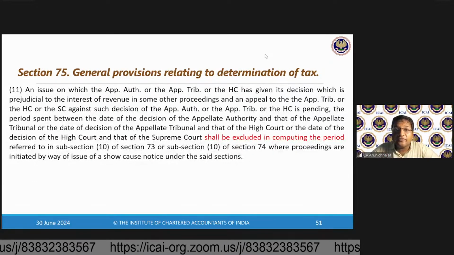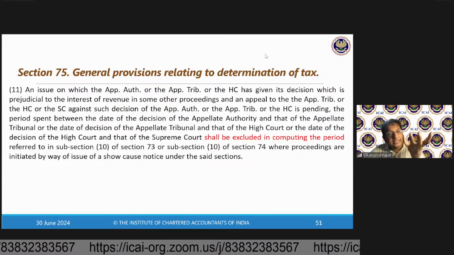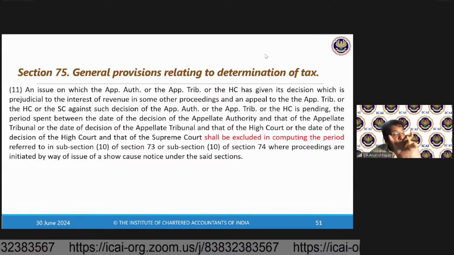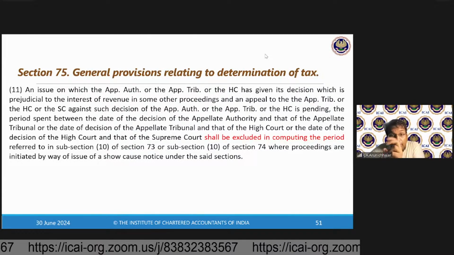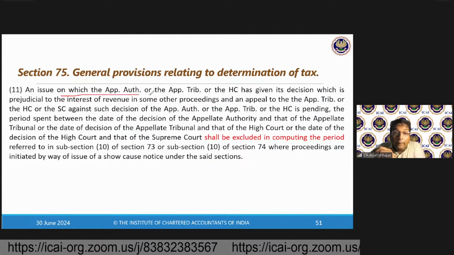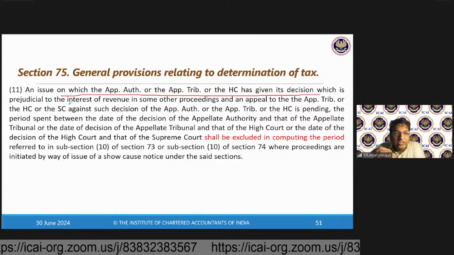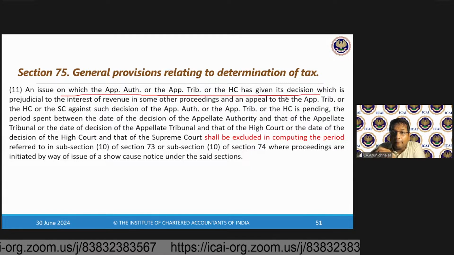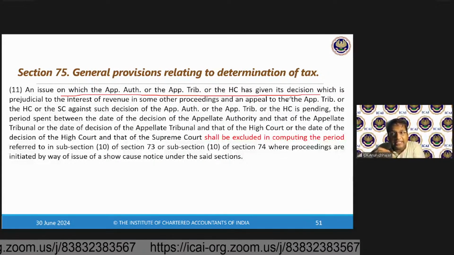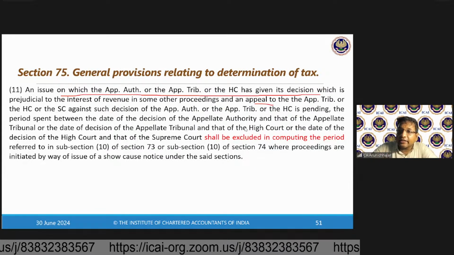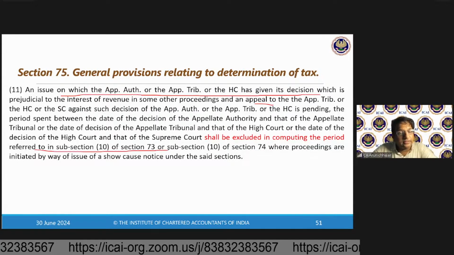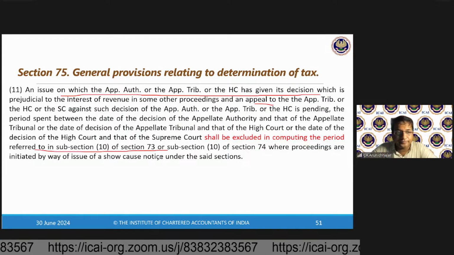Then they are saying if the order is stayed, then the period of the stay will not be counted in the calculation of the time limit of 73(10) or 74(10), 3 year or 5 year. Second point, if the appellate authority, tribunal or high court has given a decision which is prejudicial to the interest and an appeal has been made, then whatever time has been taken between the decision and the appeal will be excluded from computing the period referred to in 73(10), 3 year, or 74(10), 5 year.